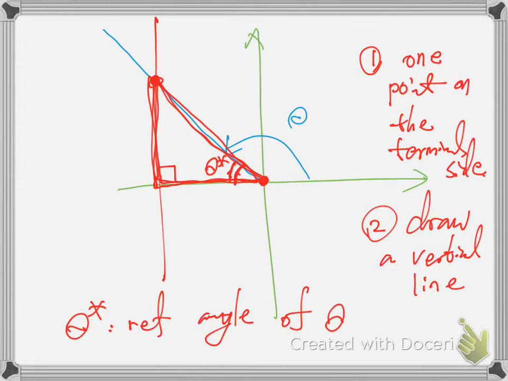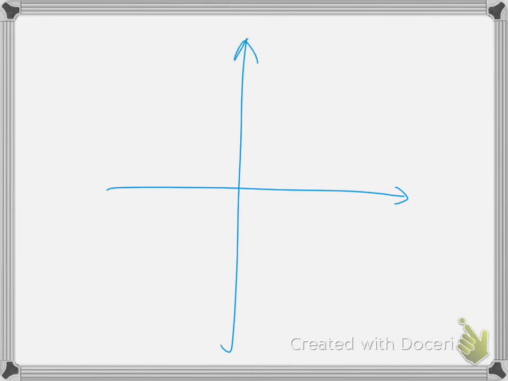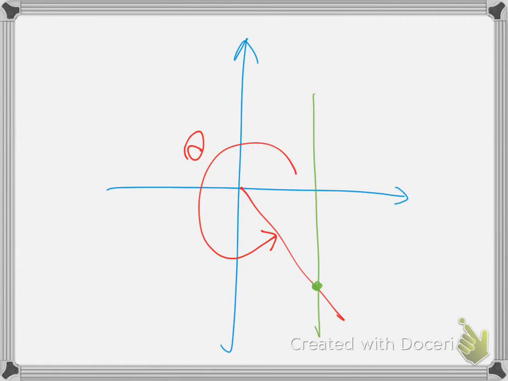So now let's draw another case. Let's say the terminal side is in the fourth quadrant, the last one. Suppose this is our angle theta. And then we look at the terminal side. You pick any point and then draw a vertical line.